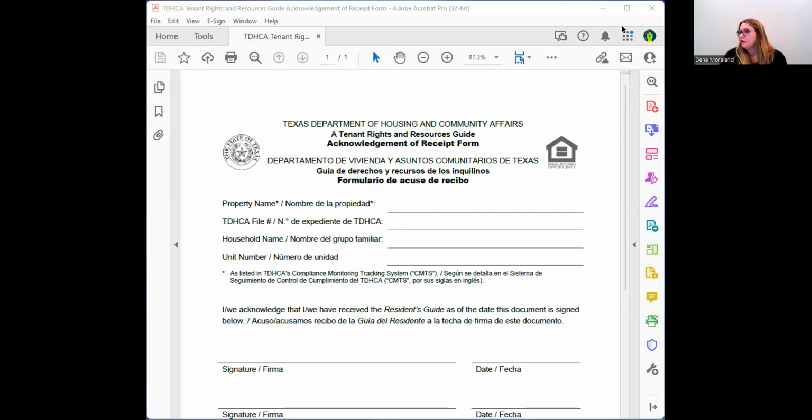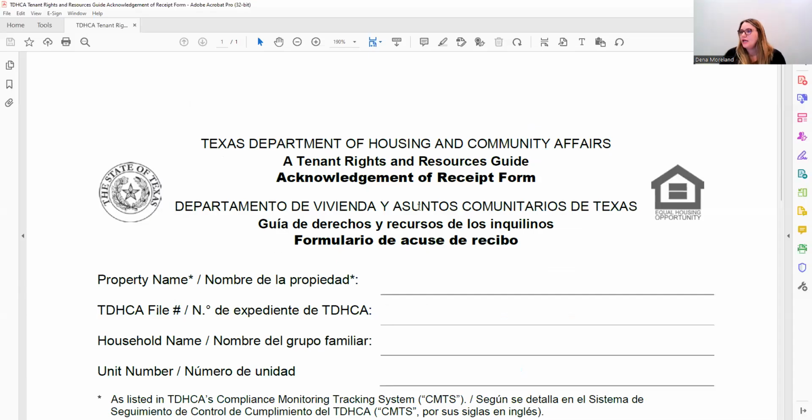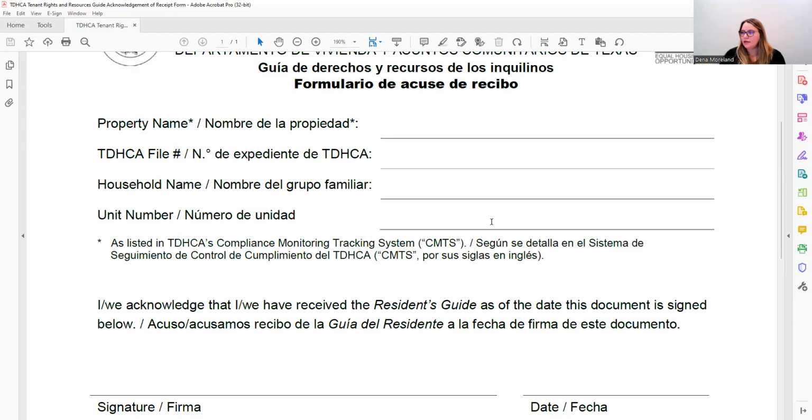You do have to present the laminated copy to them, and have them sign the acknowledgement of that. And so that is going to be right here. So here's the acknowledgement that they sign. It is in English and in Spanish.